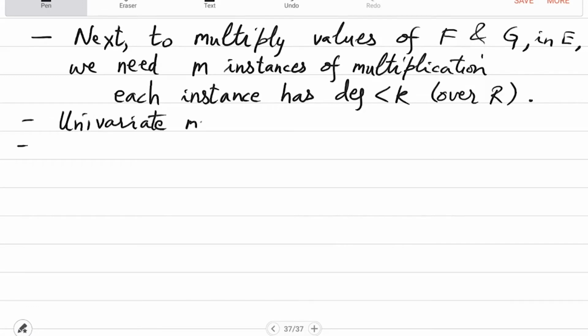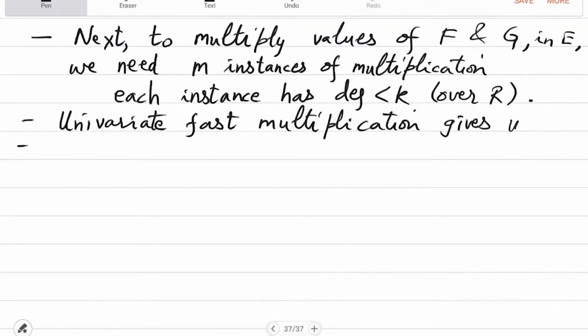Univariate fast multiplication gives us the recurrence: if the final time complexity is T(L), then T(L) is less than or equal to m times T(k).